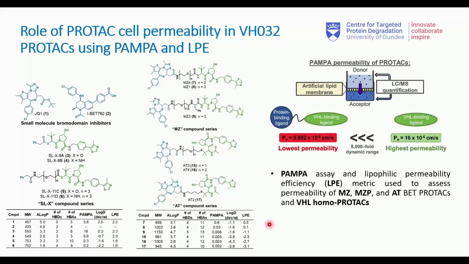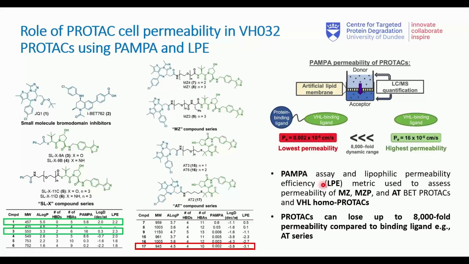This was really to compare the permeability and also the physicochemical properties of just the inhibitor alone, and also as a PROTAC molecule with everything intact. And they used the PAMPA permeability assay to measure its permeability through this artificial membrane, and we found that PROTACs can lose up to 8,000-fold permeability compared to their binding ligand.